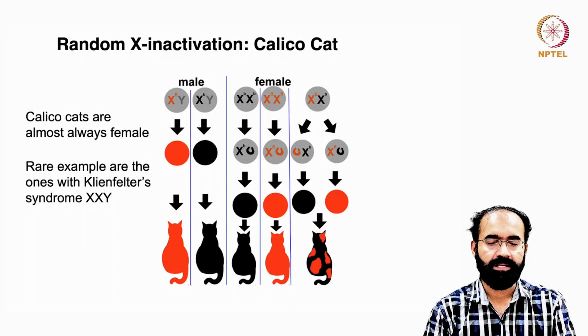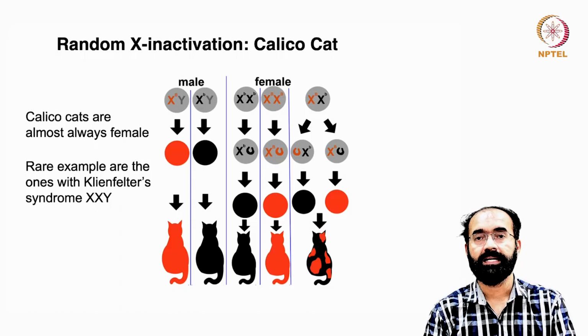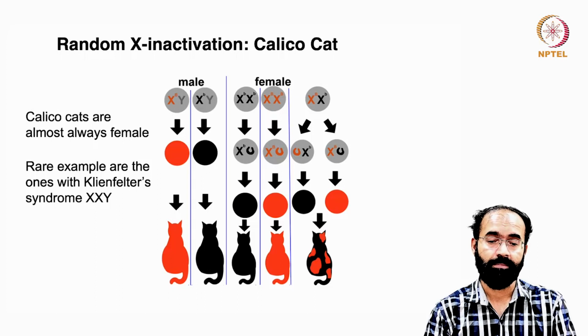Whereas in females, you can see two versions, in fact three versions: two X black, two X orange, and one X orange with one X black. We should understand that orange is dominant when it comes to skin color. Orange is dominant over black in the case of the Calico cat.